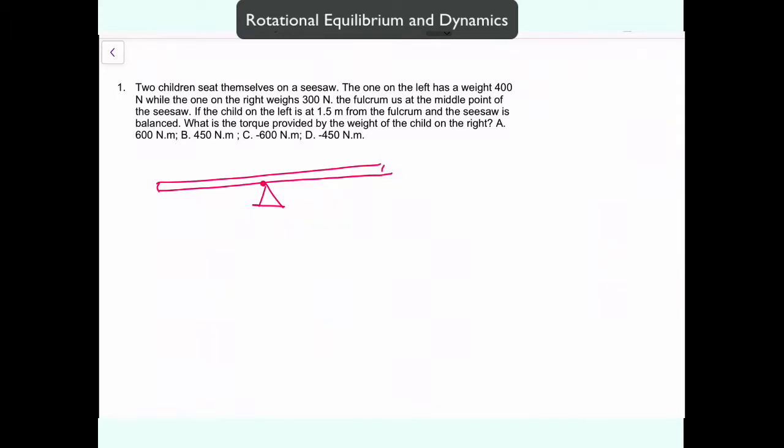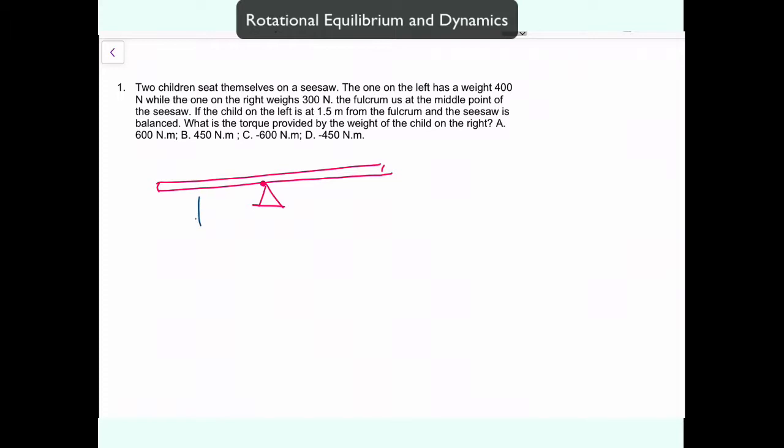Then one on the left has a weight of 400 Newton, while the one on the right weighs 300 Newton. Then the fulcrum is right at the middle of the seesaw. Fulcrum means the support.